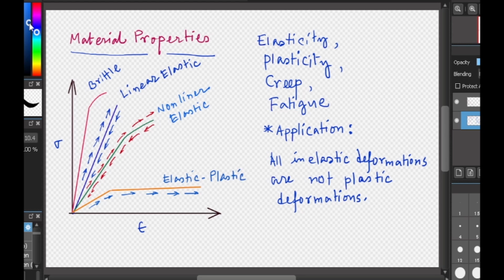We can observe over here one particular thing, that there is a prolonged plastic region rather than the elastic region.